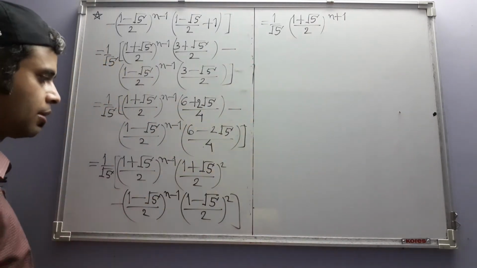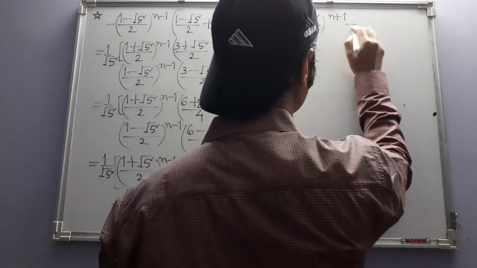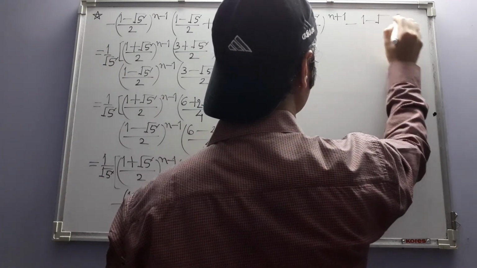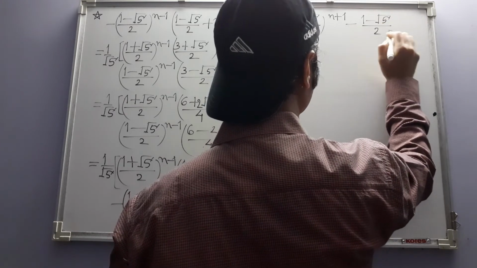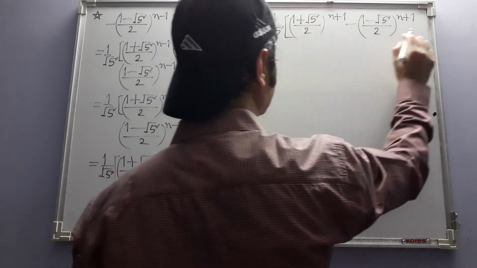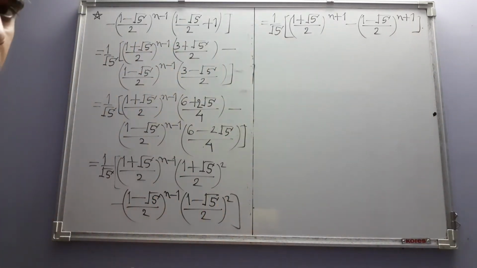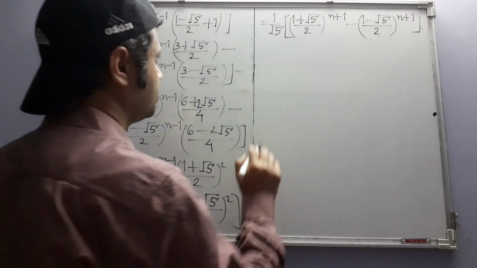N minus 1 plus 2 is n plus 1. So you can see that we have got that formula with n replaced by n plus 1.